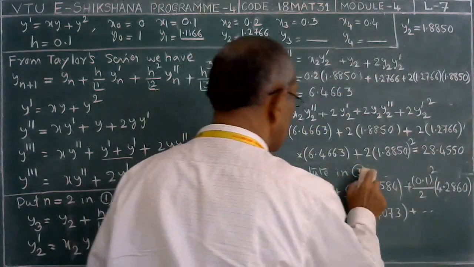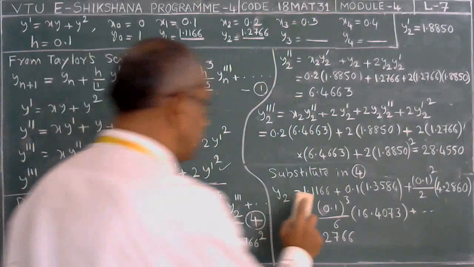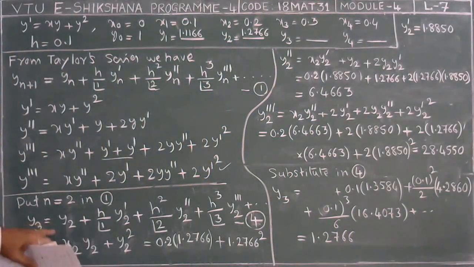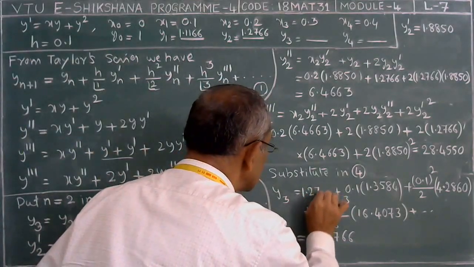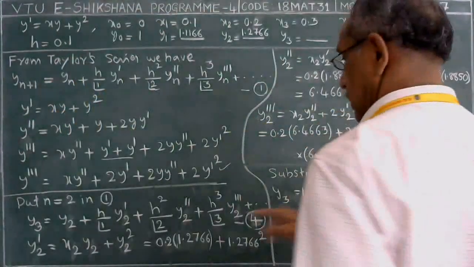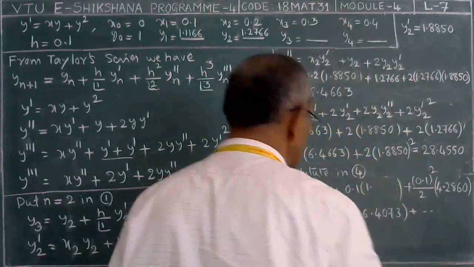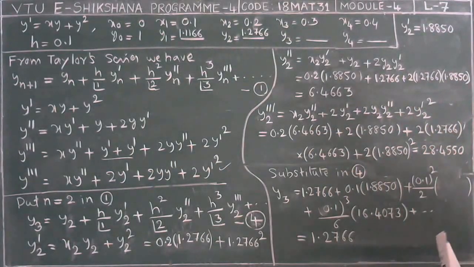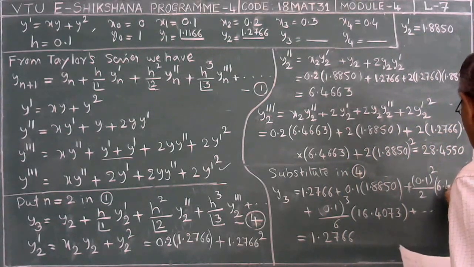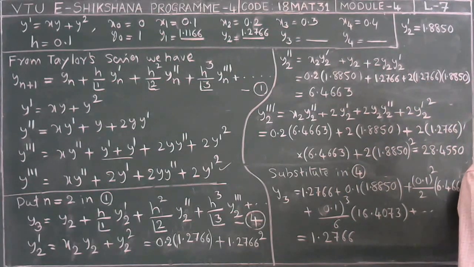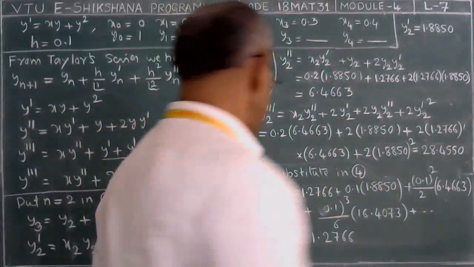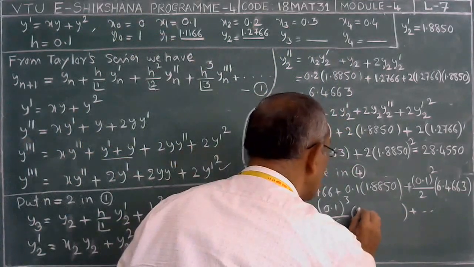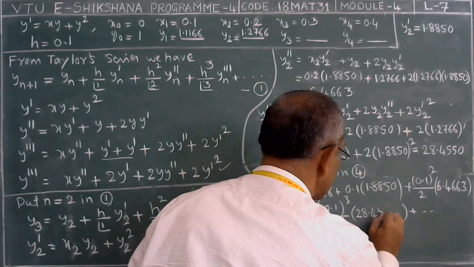Okay. Now substitute in 4. So y3 in terms of y2 is 1.2766 plus 0.1 into y2 dash 1.8850 plus 0.1 whole square by 2 into y2 double dash 6.4663, then 0.1 whole cube by 6 into y2 triple dash 28.455.